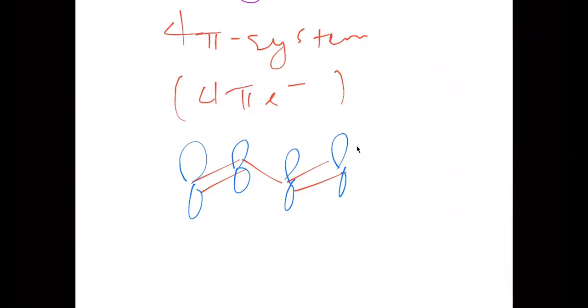Right? But because it's conjugated, the 2 p orbitals in the middle are going to overlap, and that actually causes this to go from just being 2 separate pi systems to one big pi system. That's why we call it a 4-pi system.